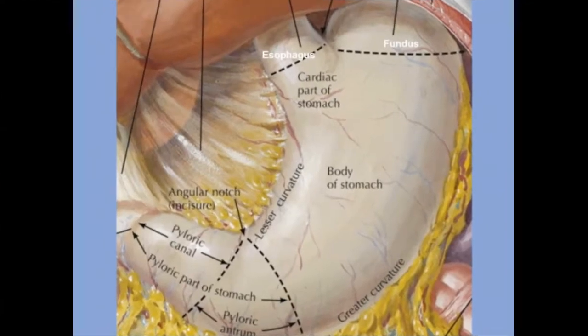The very first part of the stomach is called the cardia, and then as it balloons out, you have the fundus, and then the main part of the stomach, which is the body, followed by the antrum. And all the way at the end, there's a sphincter called the pylorus, and then that leads to the first part of the small intestine. And so depending on where the tumor is located in any one of these parts of the stomach, that determines what type of operation we do.